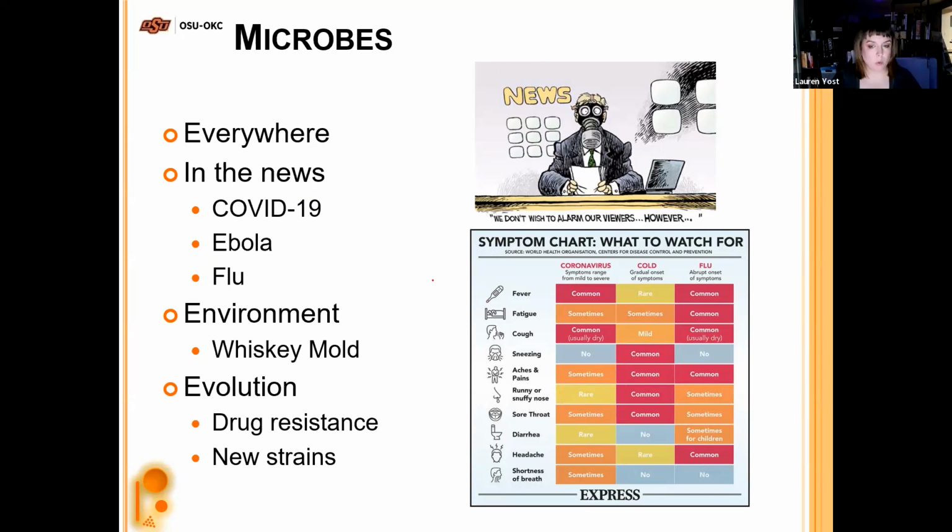They call it whiskey mold, and it has covered the whole town. And I'm not kidding, people are having to power spray their houses off every couple of weeks because there's so much of this mold. It's a black colored mold. It's not black mold like the scary stuff, but it is a black colored mold. So it's pretty interesting. And of course, there's going to be a lawsuit involved in that.